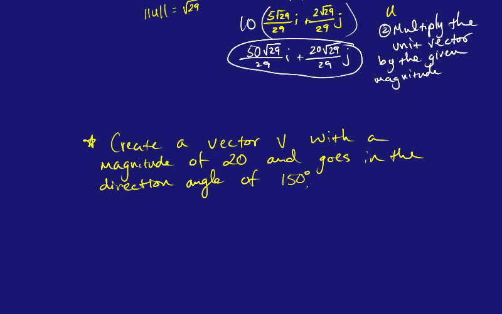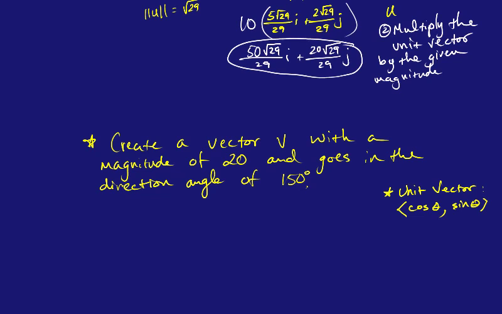So one thing to know before you start: when you are given a direction angle, the way to create the unit vector is to think of the unit circle. In the unit circle, cosine relates to the x value. So the unit vector will be cosine of theta, comma, sine of theta, since sine relates to the y value. Cosine is your horizontal component, sine is your y component.